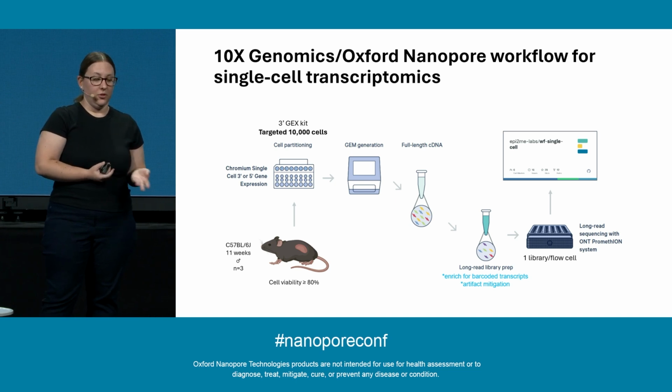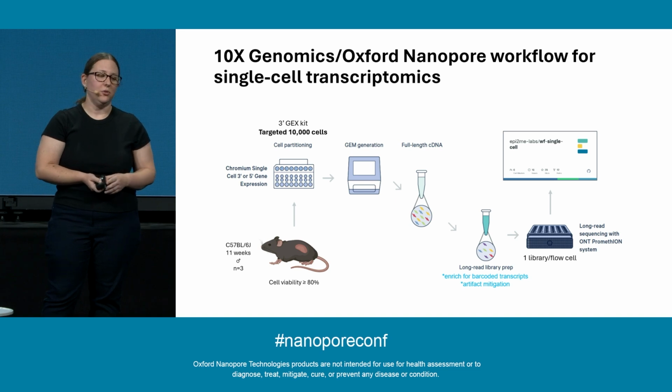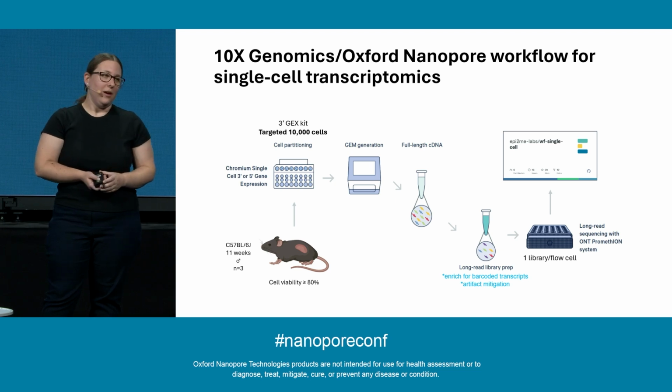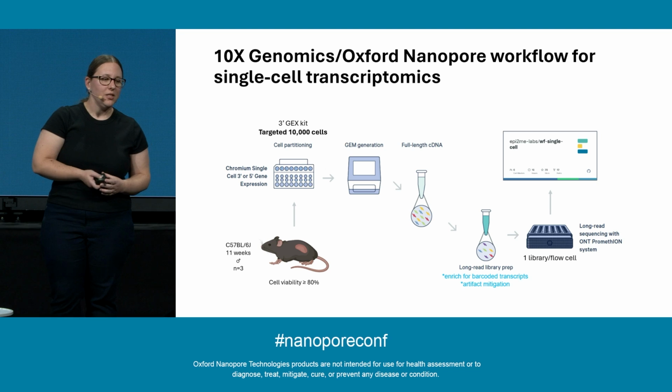So for this experiment, I used 3 different mouse kidneys and did single-cell dissociation. We used the 3' GEX kit and targeted 10,000 cells. I will say that is a lot, and it does affect the coverage of your genes or transcripts per cell. So just keep that in mind if you're looking into your own experiments.